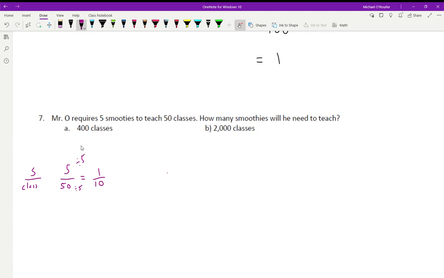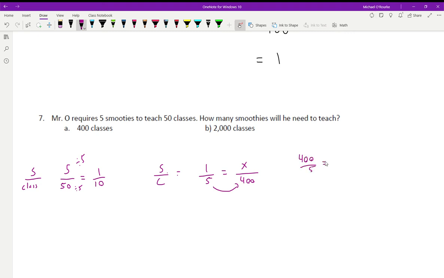So to solve our questions here, we set up our ratio as smoothie over class. So we know that's 1 over 5 equals, now we're looking for this, and we have this. So we go, okay, how many times do I have to multiply 5 to get the 400? We could do 400 divided by 5.